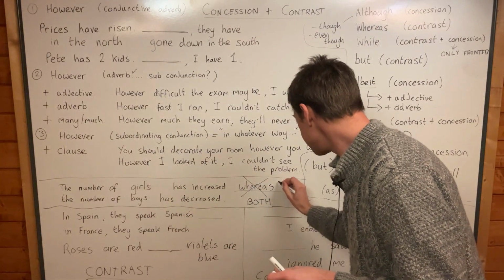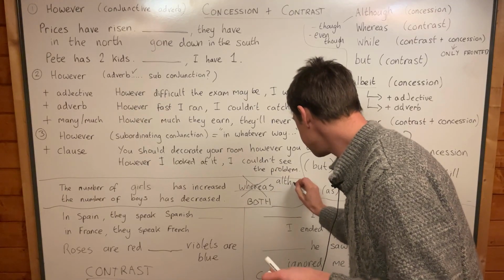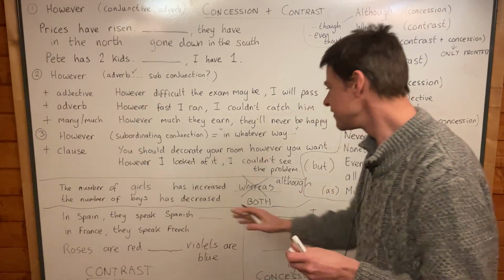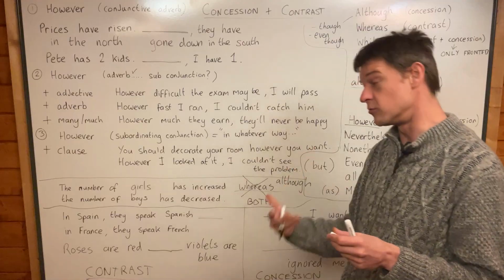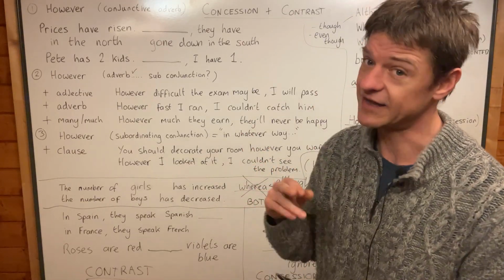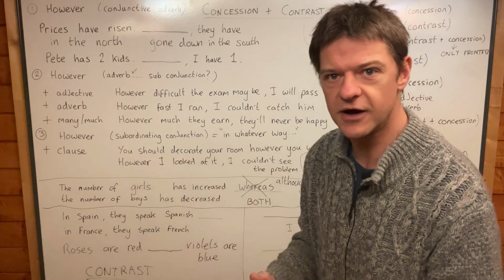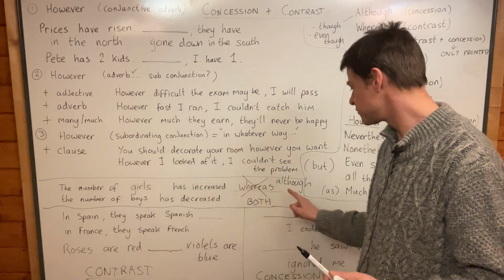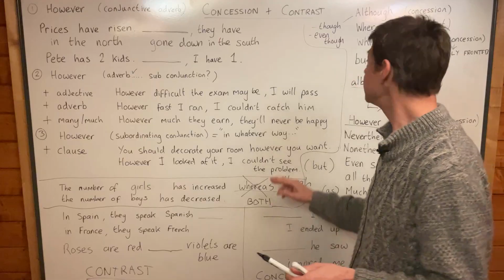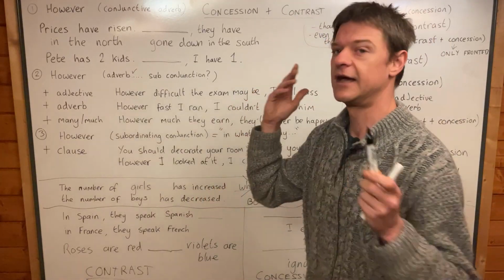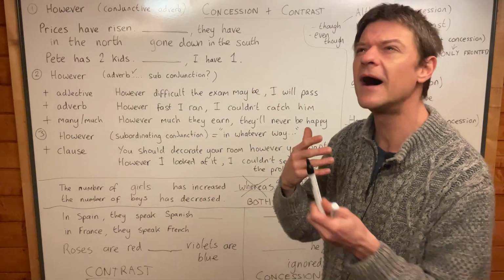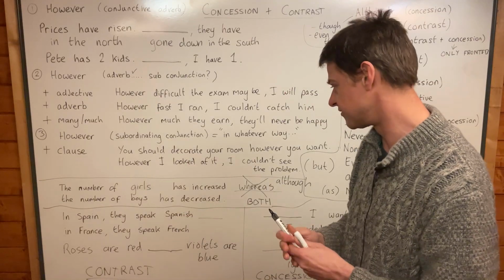So I hope you can feel how that changes the meaning of the sentence. If I say the number of girls has increased, although the number of boys has decreased, that introduces an element of surprise. You are surprised by the fact when you use although, and that's because although is a concession, and concession always involves some unexpected surprise in the sentence.